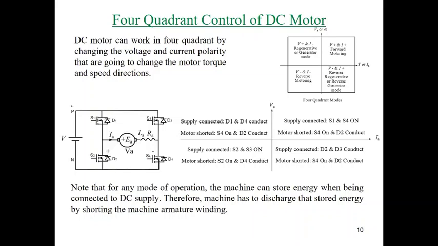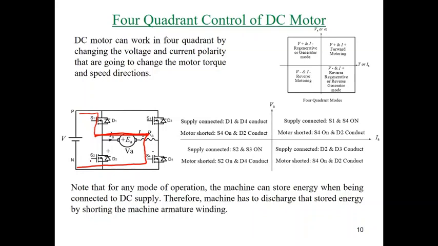Again, the current will flow through S1 and S4 and return to the supply. Is it right? Yes. Are we going to operate the motor in motoring mode with a fully connected voltage all of the time?